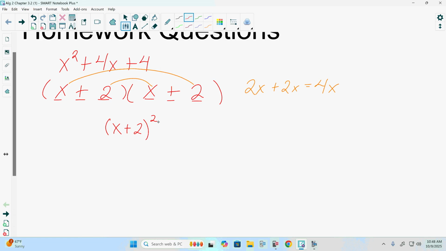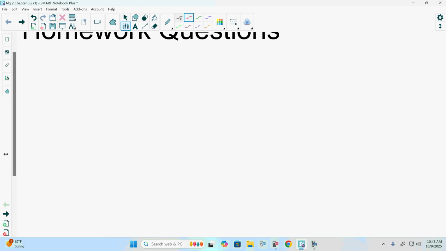squared. This is a special type of factor. We ended up getting a single set of parentheses squared. These are called perfect square trinomials, because we can rewrite it as a single set of parentheses squared. They do have a formula that goes along with it: ax squared plus bx plus c.